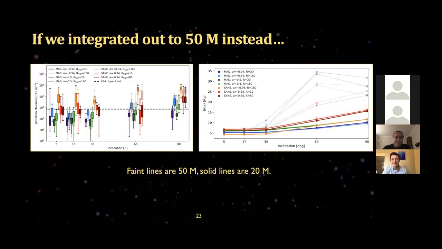So that's another confounding effect with polarization: if you're not looking nearly face on, you really need to worry about the larger scales probably. Right. And this is just a test buried in the appendix of seeing what would happen if we integrated out to 50 M rather than 20.